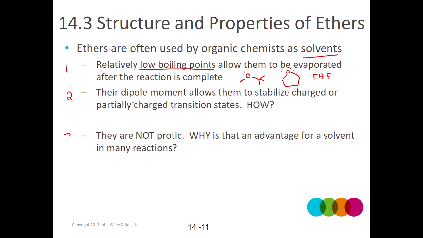Another advantage is that they do have a dipole. So there is a dipole here, a negative end and a positive end, a negative end and a positive end. And so that helps the solvent during a reaction to stabilize any partial charges that might form during the transition state, right? We talked about this a lot last semester.